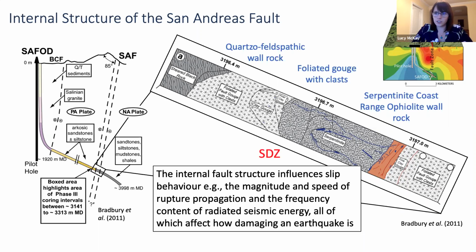And drilling at this location revealed that the internal structure of the San Andreas fault consists of wall rock of contrasting lithology and of distinct terrane. So you've got quartz feldspathic wall rocks and the oceanic serpentinite on the other side, and the fault core consists of a gouge with wall rock clasts. The gouge is roughly 3 meters wide.